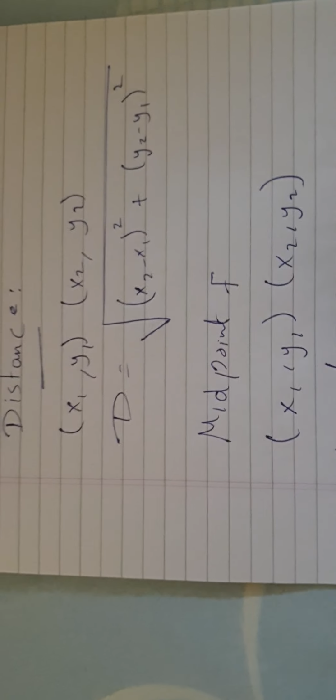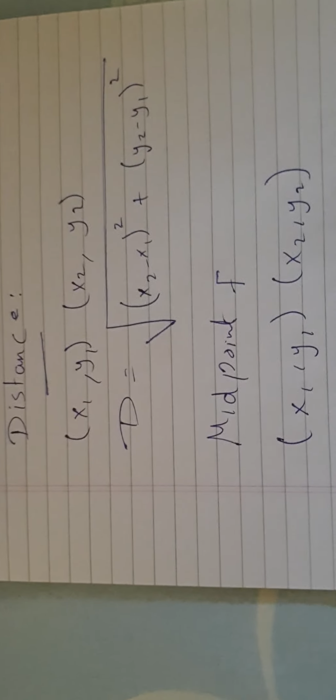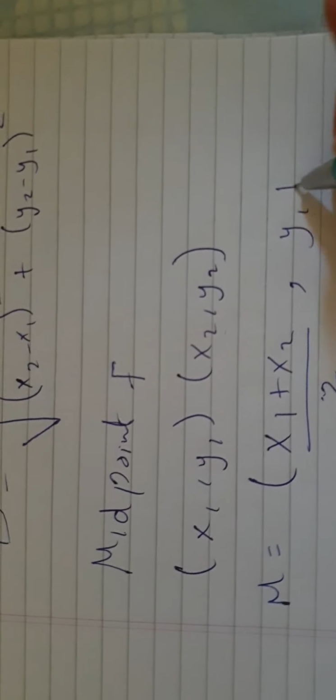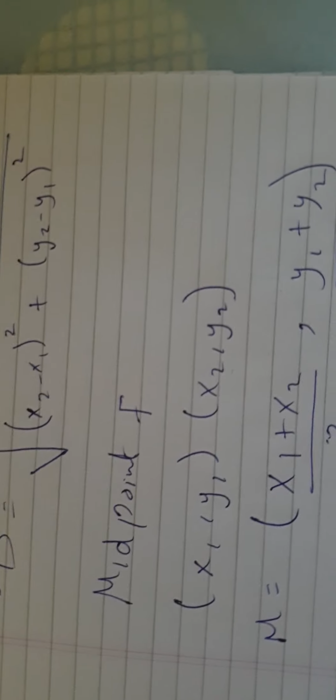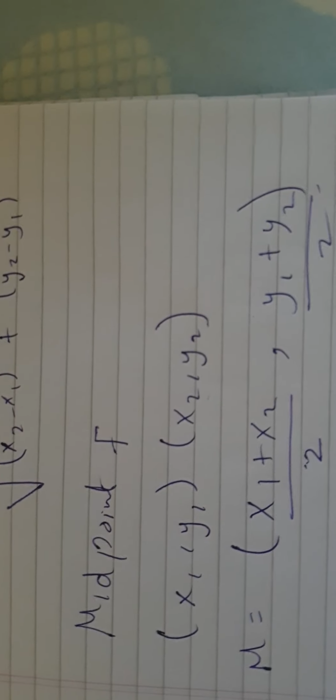To find the midpoint, it's going to be x1 plus x2 over 2. Of course you know that any point is known by 2 coordinates, x and y. How can I find my x for the midpoint? I'm going to add x1 to x2 and divide by 2, and add y1 plus y2 and divide by 2.